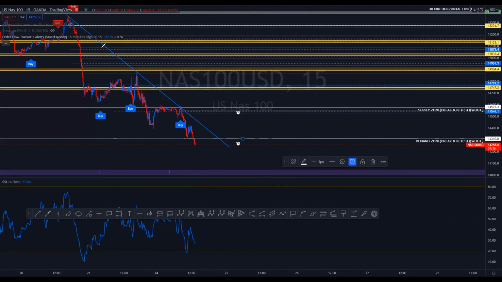So when imbalances or price deficiency occurs in the market, this is when the banks are actually driving price down really fast, whether they're going for a sell or a buy. And so what happens is, for example here, they sent price into a downward spiral. So they made a lot of money off of this move.